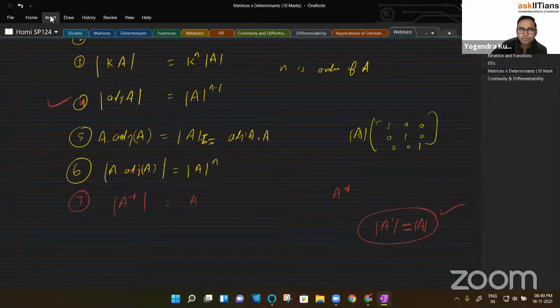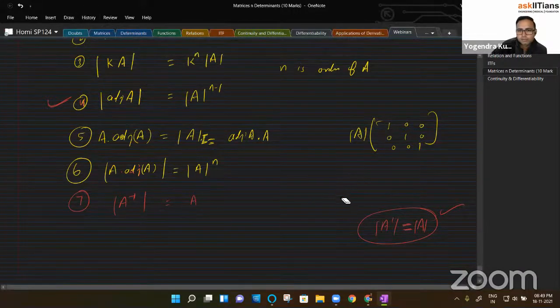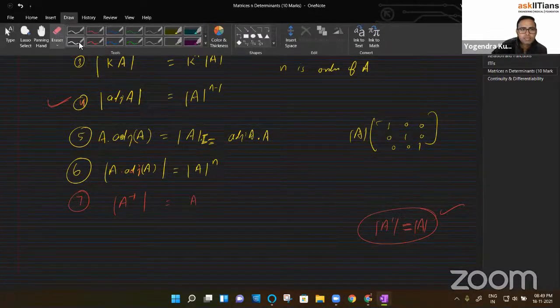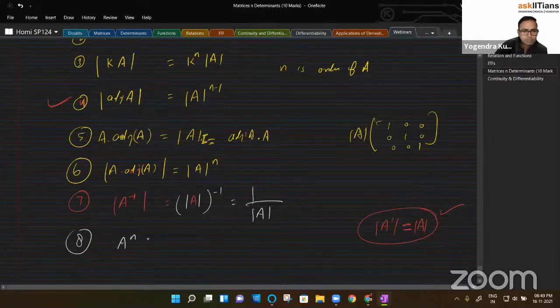Try it. If you have any doubt, try it and let me know. Clear? So what do we get here? What is the right side we are going to get? Which is nothing but 1 by determinant of A. Eighth property: determinant of A raised to n is determinant of A raised to n.